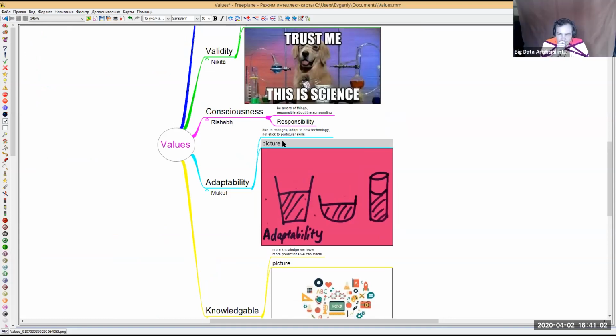So as a data scientist, if we are in any situation, we should adapt to that situation for the good and the benefit of that situation. And how do you think, can adaptability conflict with validity?